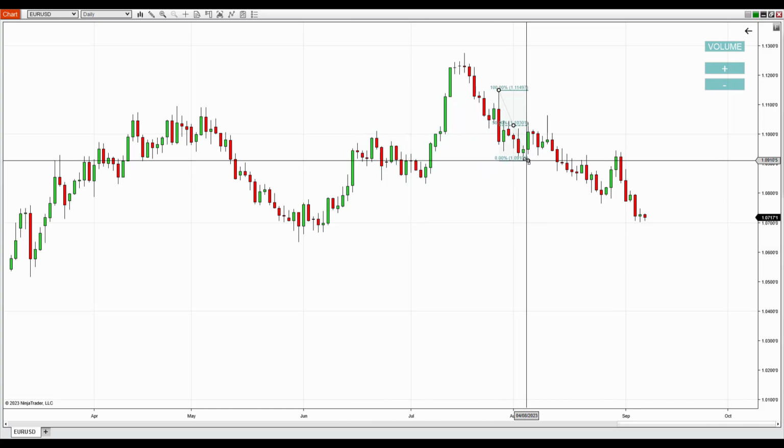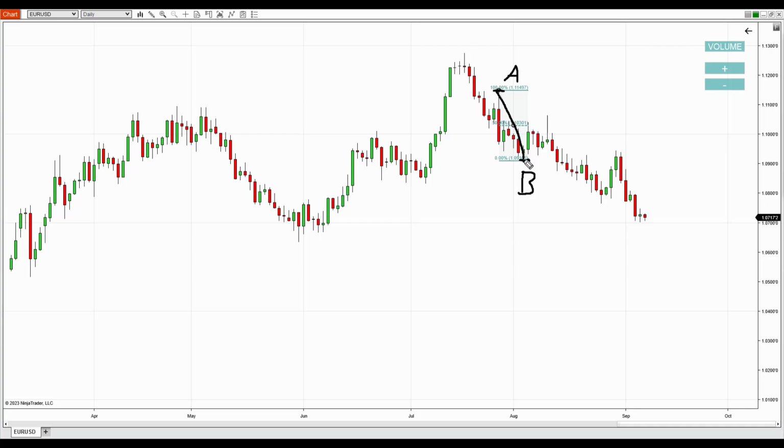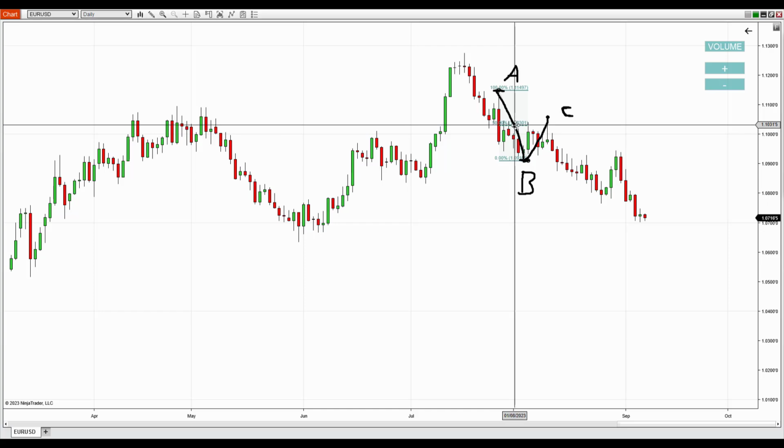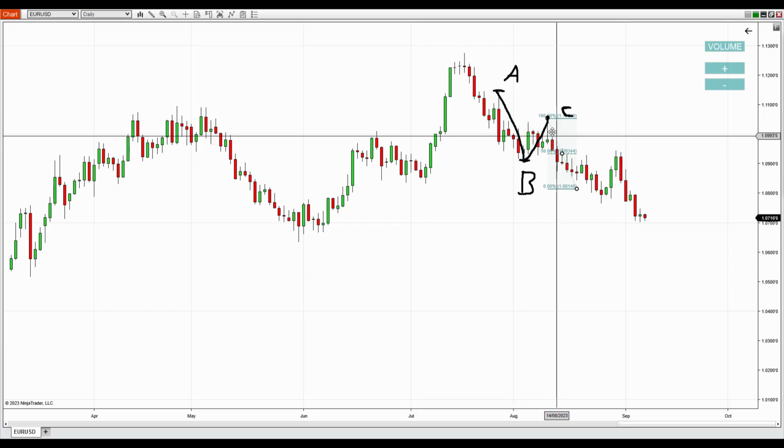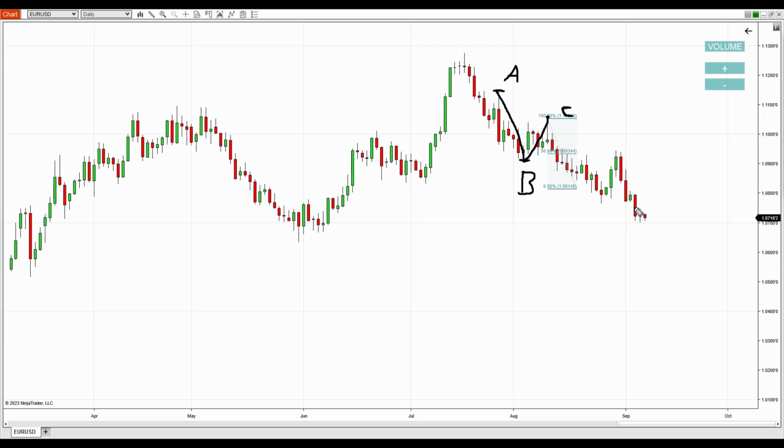We have the point A, and the price goes here, which is the point B, then makes that wave-like pattern, pulls back towards the C, at which point you grab the Fibo and make it begin here in C, and this is the level D from which you want to go long.